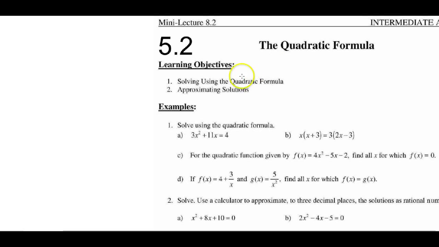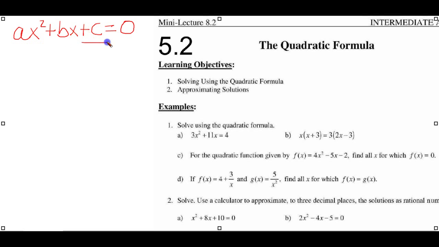If we take this formula, that is the standard form of the quadratic equation, and we solve for the letter x by completing the square, it starts off like this.